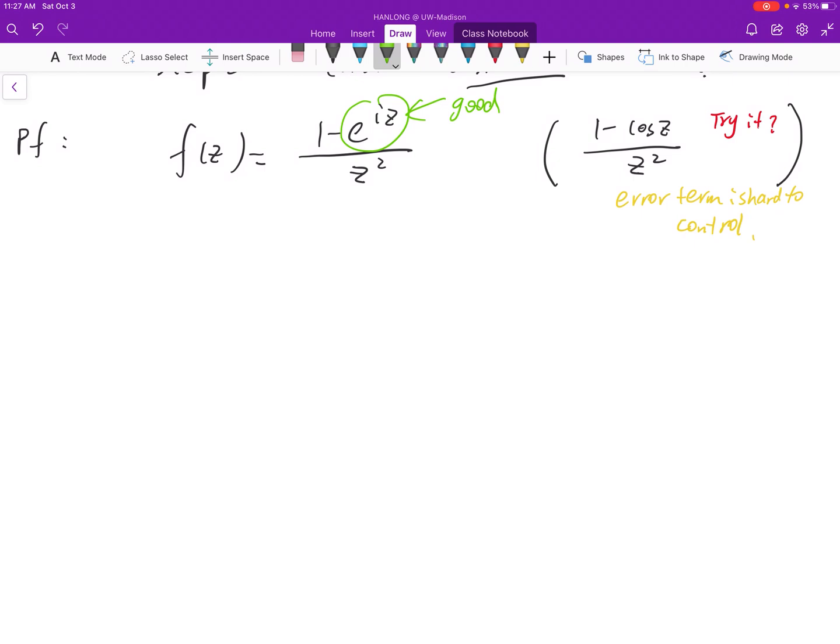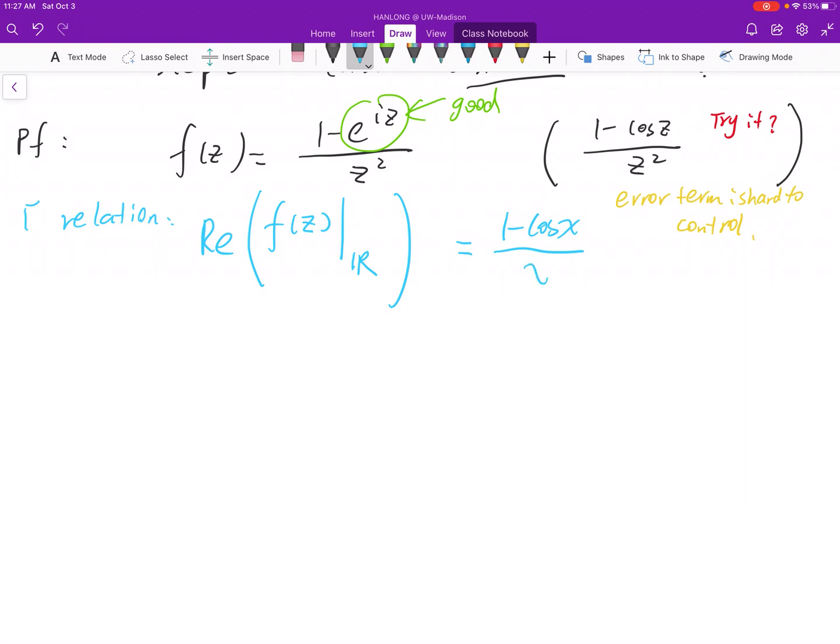Okay, then what's the relation between this and your integrand? f(z) restricted to the real number line, the real part of f(z) restricted to the real number line is 1 minus cosine x divided by x squared.